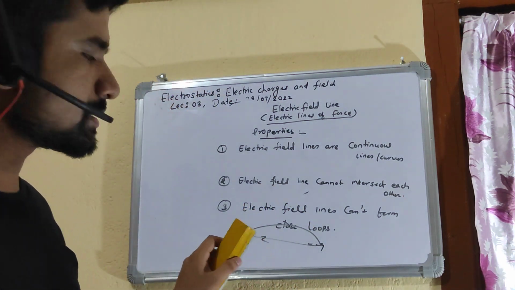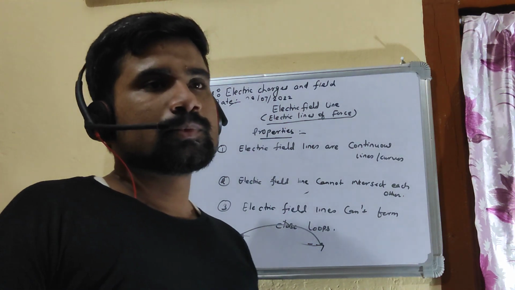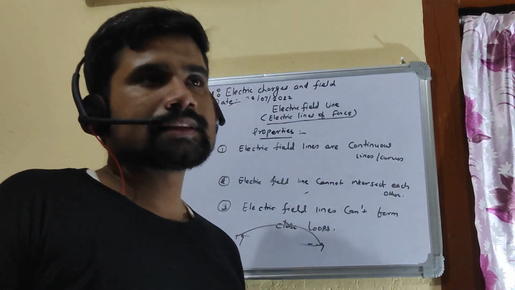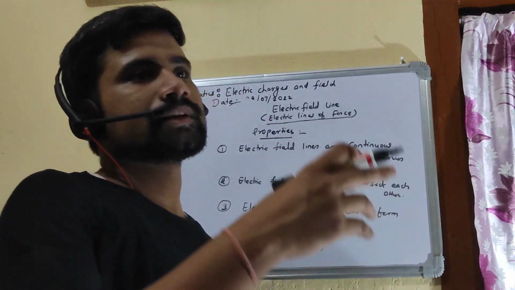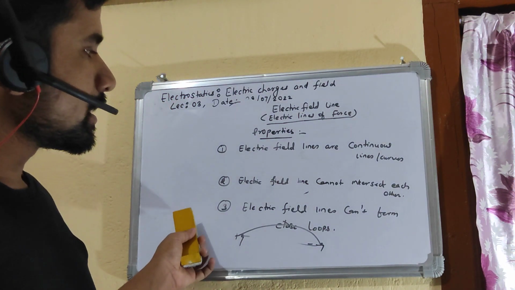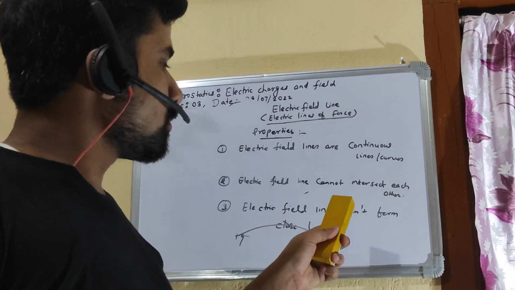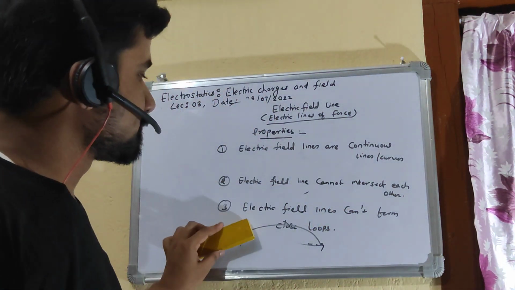But electric field lines cannot form this closed curve, because you might have studied in class 11 that for any conservative force, work done in a closed path is 0, right? So theoretically, electric field lines cannot form closed loops because this force is a conservative force, right?